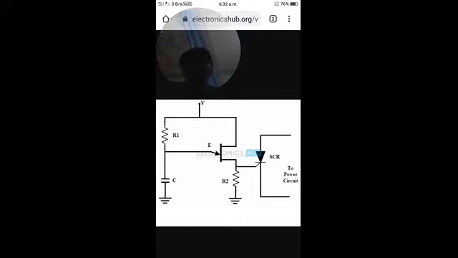On the output side we have a voltage equal to the peak point voltage, which is equal to VD plus VR2.